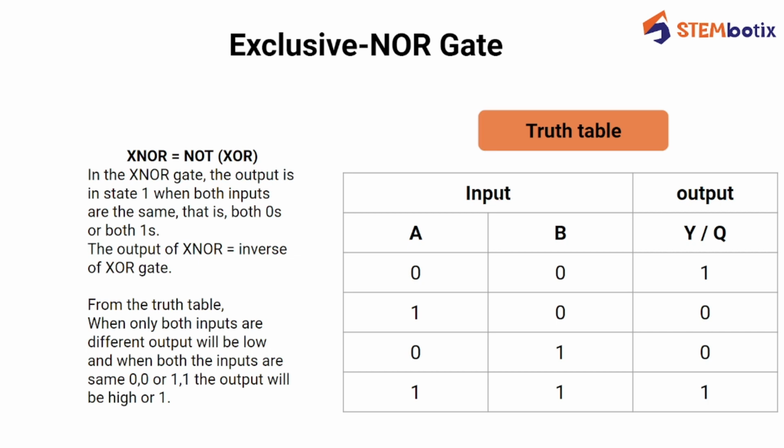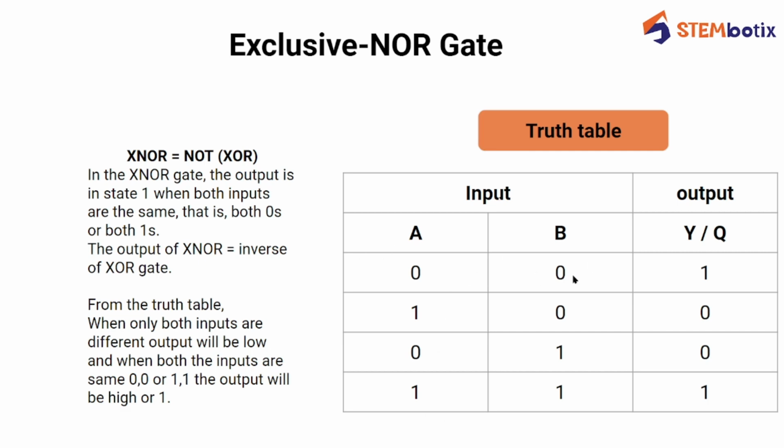The output of XNOR is equal to the inverse of the XOR gate. From the truth table, when both inputs are different, the output will be low. And when both the inputs are the same, zeros or ones, the output will be high or 1. So this is how the truth table formation gets done.